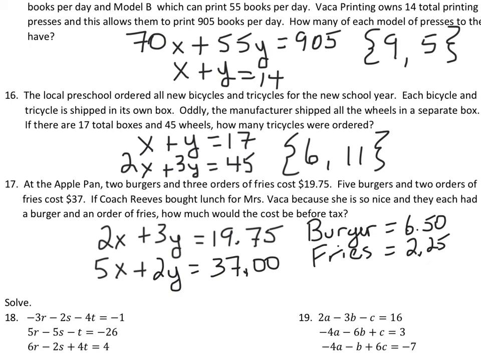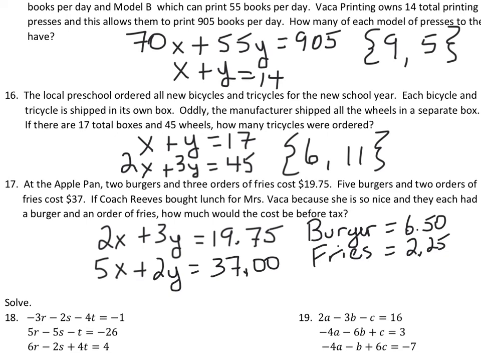Okay, so each burger cost $6.50 and each order of fries cost $2.25. So the question was, if Coach Reeves bought lunch for Miss Vaca because she's so nice, and she is, and they each had a burger and an order of fries, how much would the cost be before taxes?